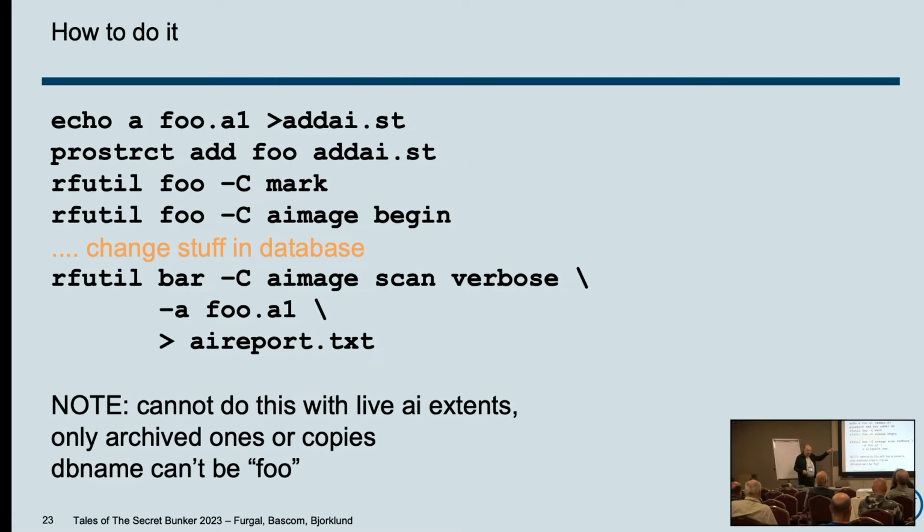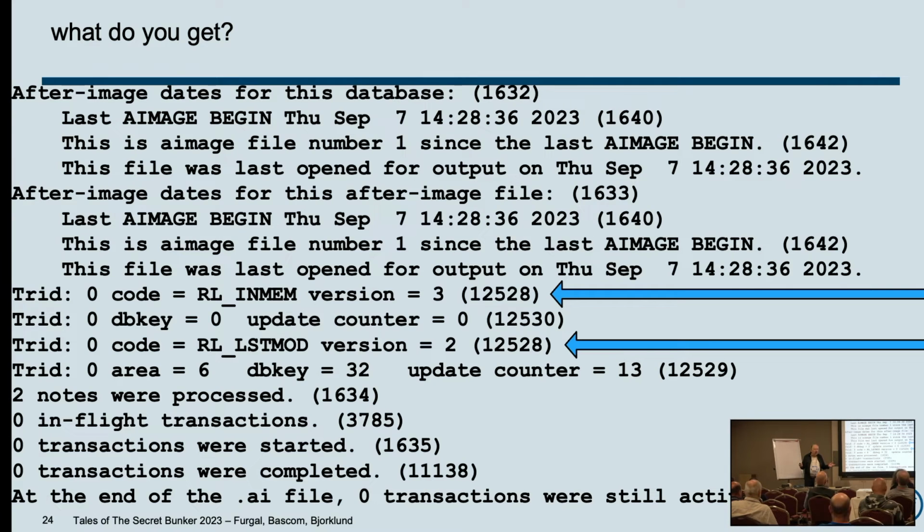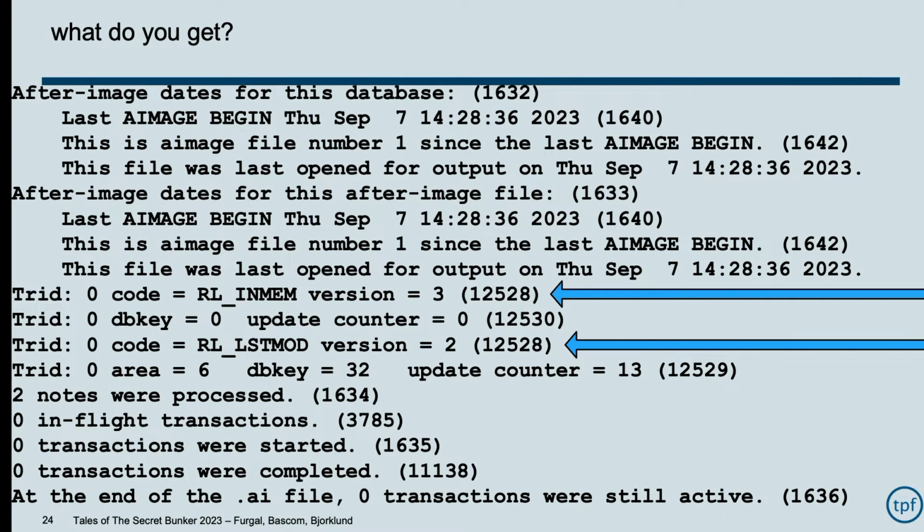And then when you do that, if you create a database and you don't make any changes to it, this is what the output from the scan looks like. So there's this in mem note. Where it says code equals RL in mem, that is the type of note that got recorded.